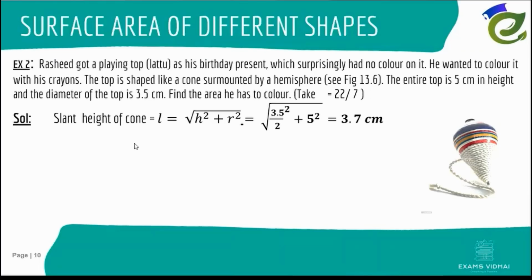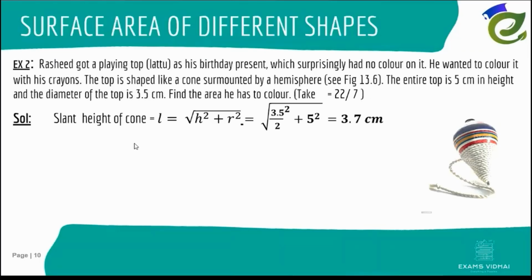He wanted to color it with his crayons. The top is shaped like a cone surmounted by a hemisphere. The entire top is 5 centimeter in height and the diameter of the top is 3.5 centimeter. So find the area he has to cover.